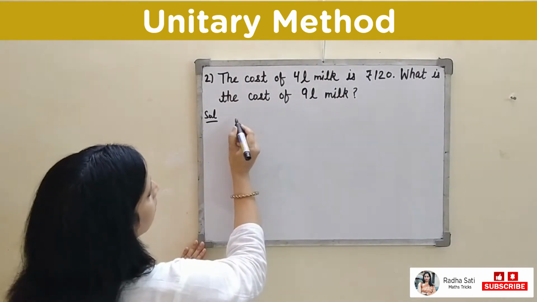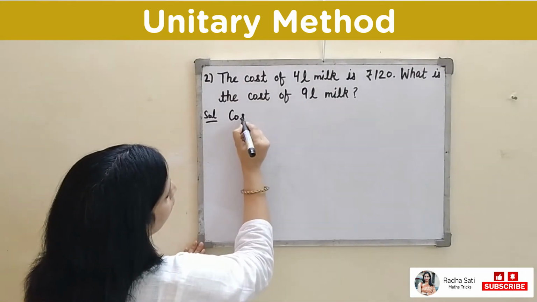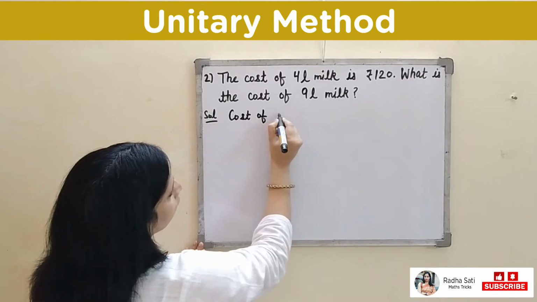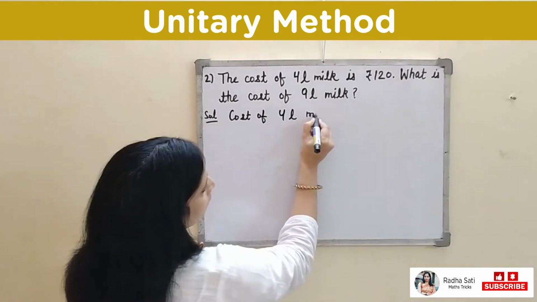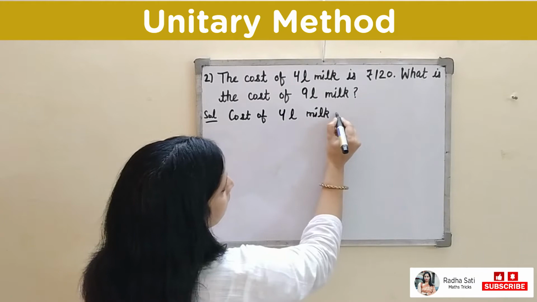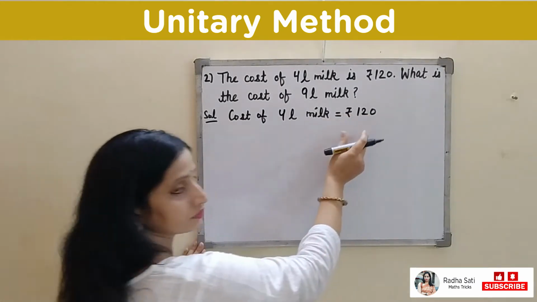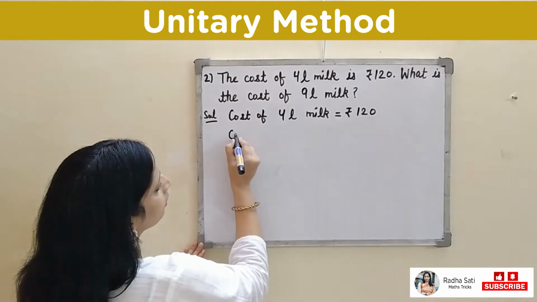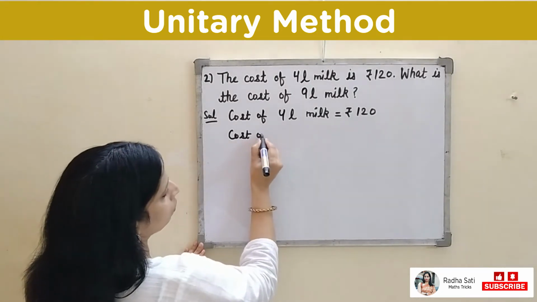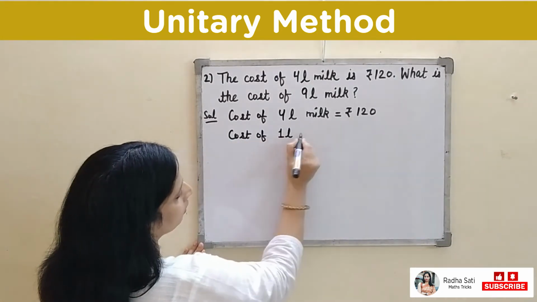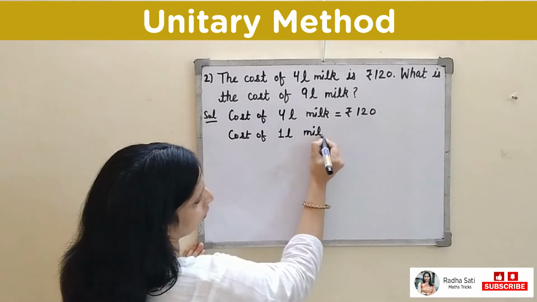Okay. So start. Cost of 4-liter milk. It is rupees 120. Cost of 1-liter milk.